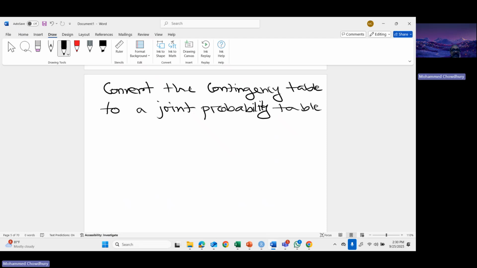Convert the contingency table to a joint probability table. Do you understand what I said?